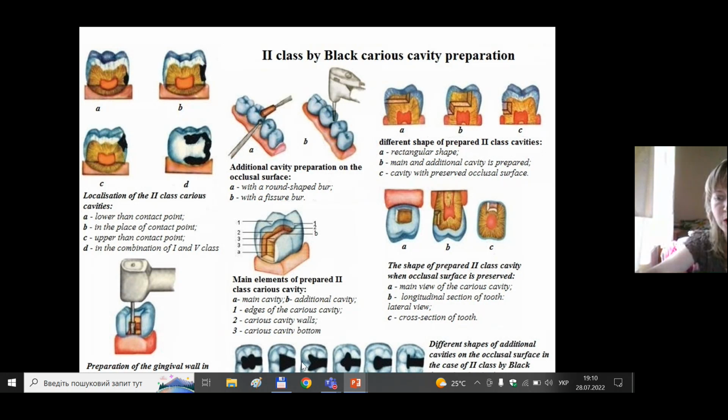The most favorite one was dovetail. Here it is shown, dovetail. As well, these can be designed if necessary. So numerous shapes could be made just to keep the material inside the caries cavity.